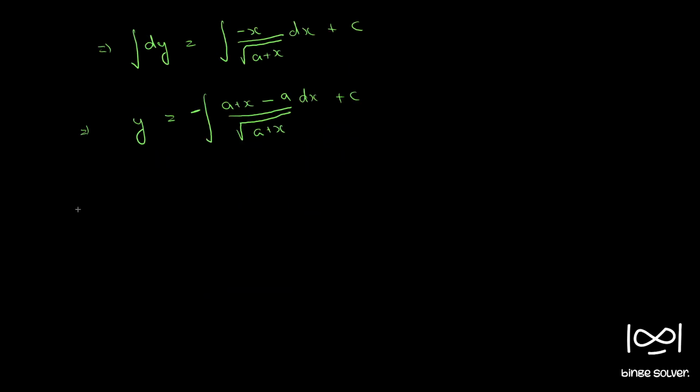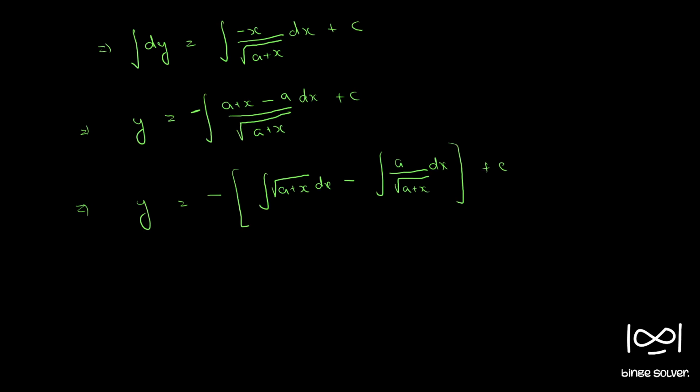So y equals minus of the integral of root of (a + x) dx, since (a + x) by root of (a + x) is root of (a + x), minus the integral of a by root of (a + x) dx, plus c.